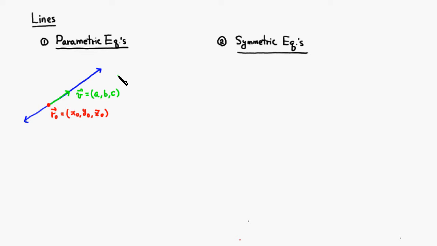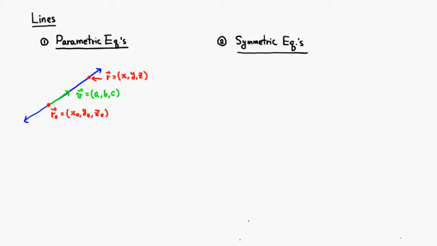In order to express the location of any point on the line, I'm going to put a general point, R, which has coordinates x, y, z. Then we can think of R as starting out at R0, then you add a scalar multiple of this vector to get to this point.